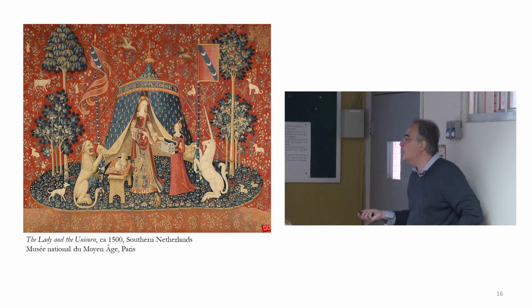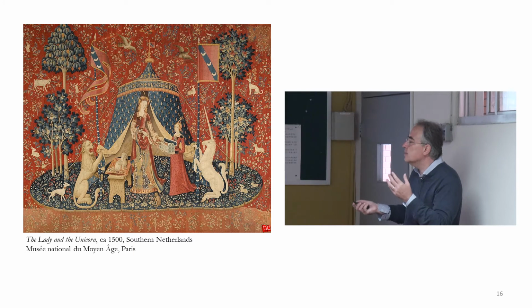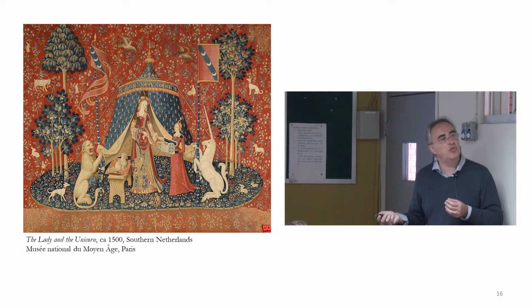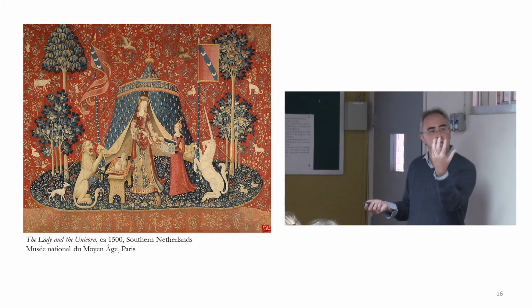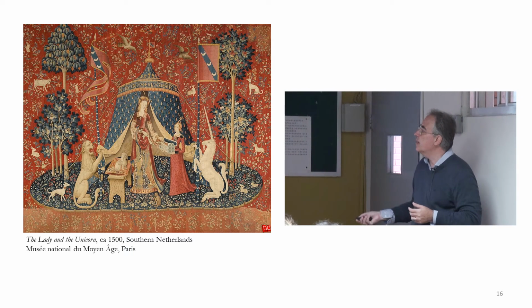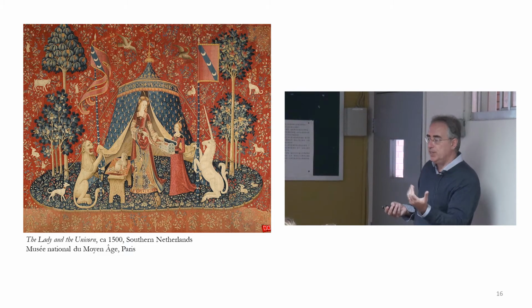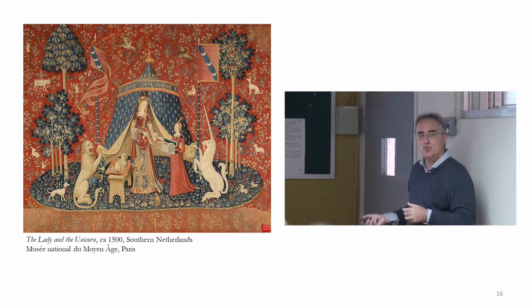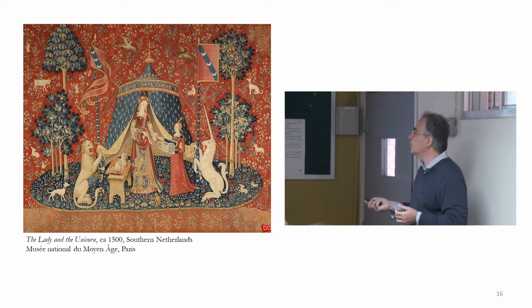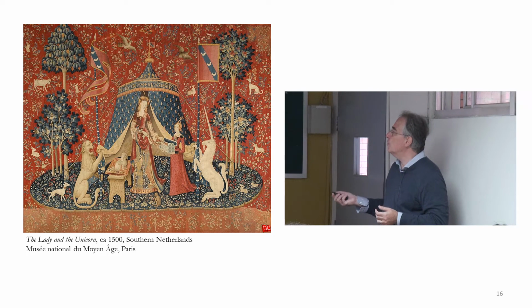You see the lady, you see the unicorn, you see something that looks very much like heraldry, all those medieval symbols showing power, showing nobility, the flags, everything is here, suggesting the important role of the unicorn in the medieval imagination.